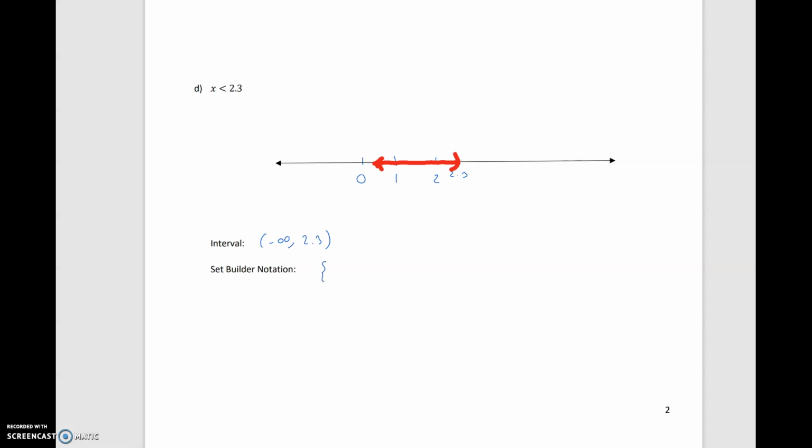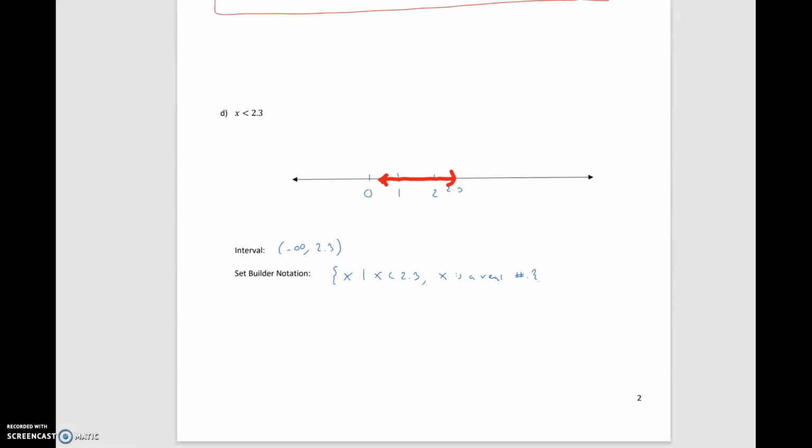Set builder notation: squiggly brackets, x such that x is less than 2.3 and x is a real number. And that's going to be our solution.